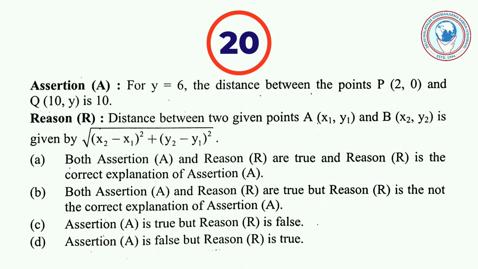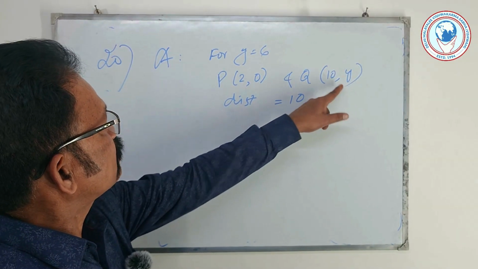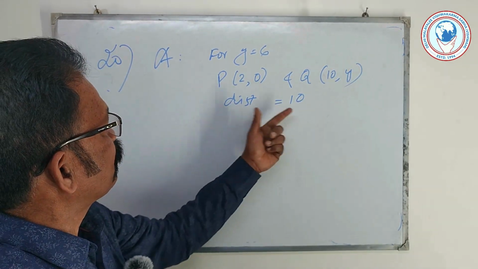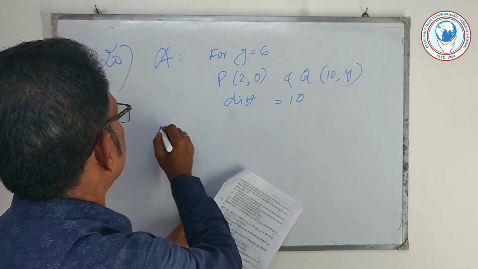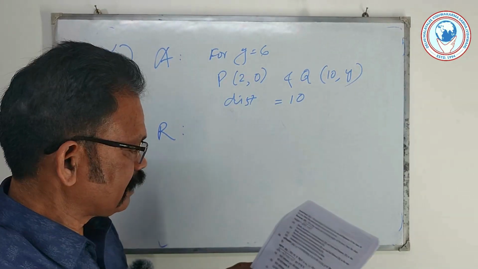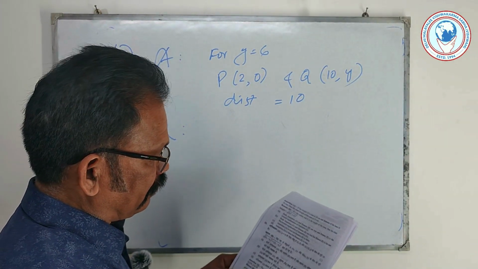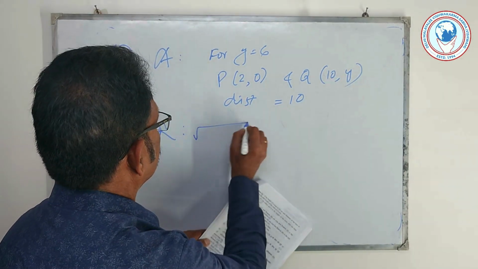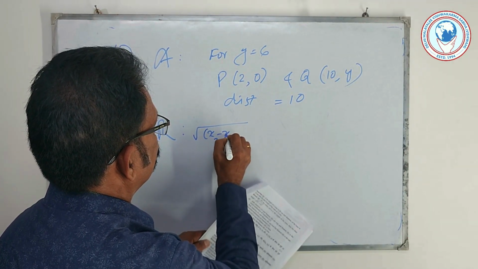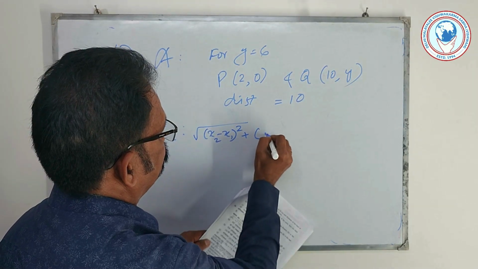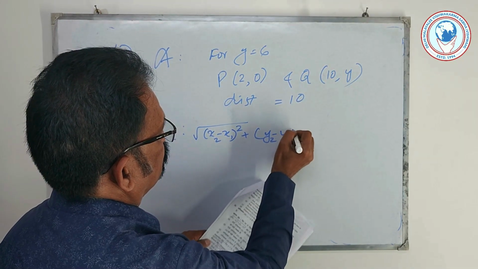This is the assertion. Then y is equal to 6. Distance between these 2 points is given as 10. Reason is given: distance between 2 points A(x1, y1) and B(x2, y2) is root of (x2 minus x1) the whole square plus (y2 minus y1) the whole square.